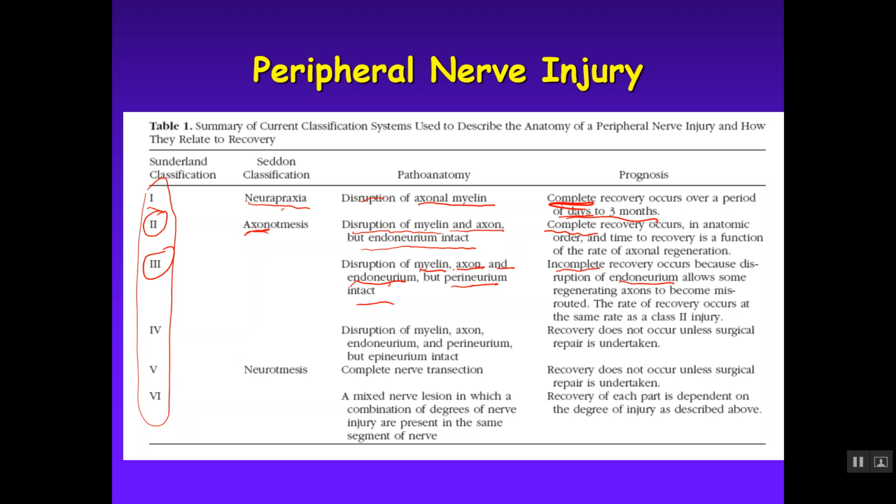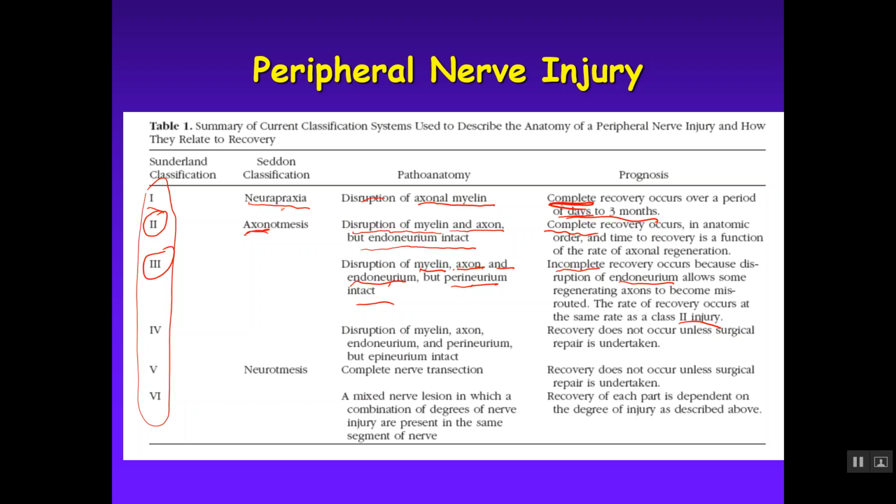They may not go right back to the same place. They may not fully reinnervate the same area, okay? The rate of recovery occurs at the same rate as a class 2 injury, so it just depends on how bad the lesion is. We're typically talking, depending on how long the nerve is, for a lot of this stuff, okay? So I may have a slide that talks about that in a second here. We'll see.